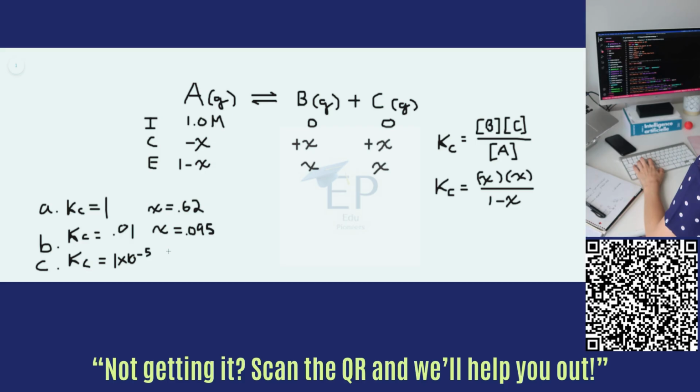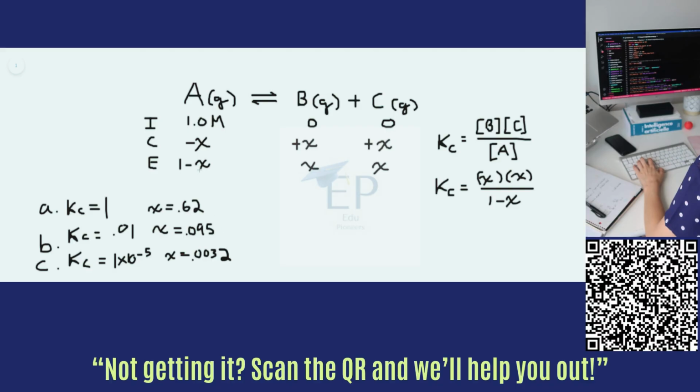And then for this one, you get x equals 0.0032. Again, that's just plugging in Kc here, solving for x by solving the quadratic equation.